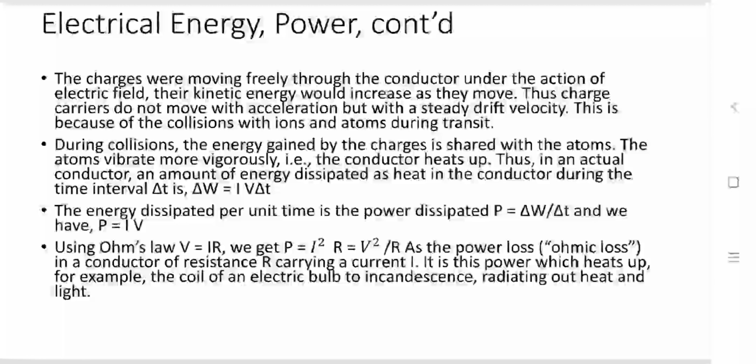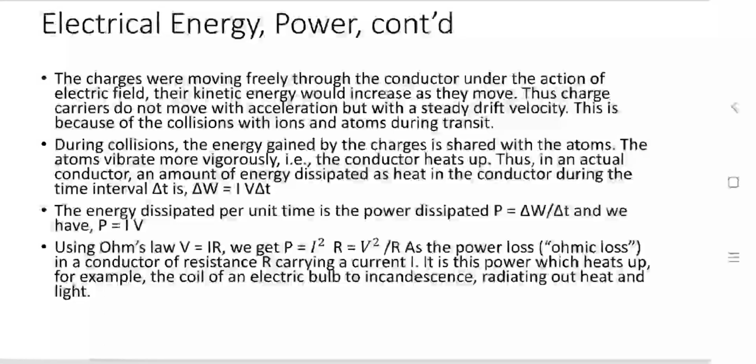While these electrons collide with the atoms, the atoms start to vibrate, and due to the vibration they get some heat. That heat is nothing but the loss of energy. It means energy is going to be dissipated as heat in the conductor.